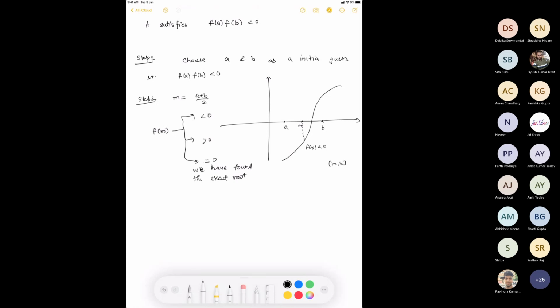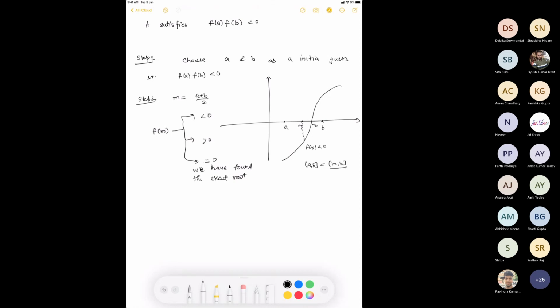So I started with the interval AB. So basically, I'm going to replace my A by M, and I'm going to apply the further steps in the interval MB, which is again halving the interval. That is, I will take this as my new interval AB, okay? And again, I will find its midpoint, which is going to be somewhere here, say M2.